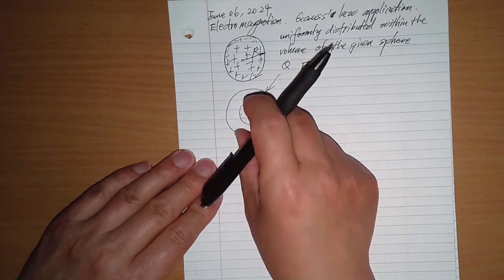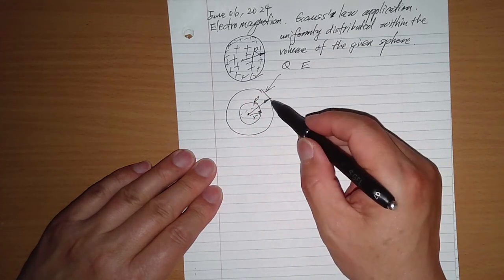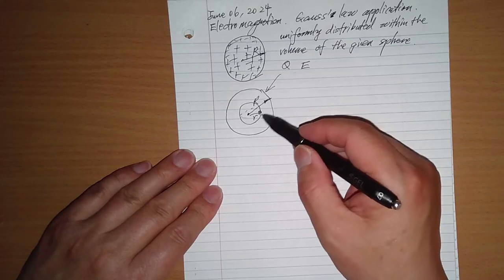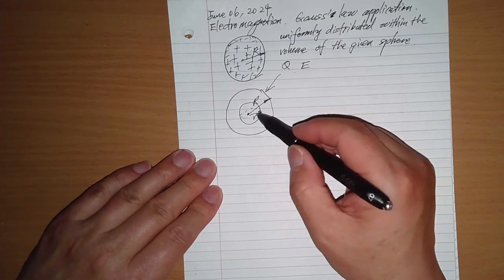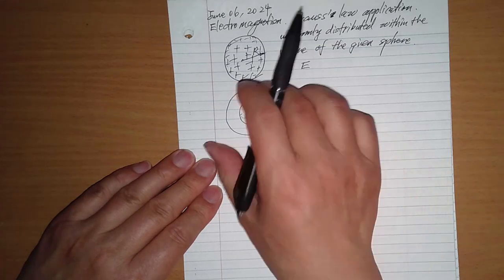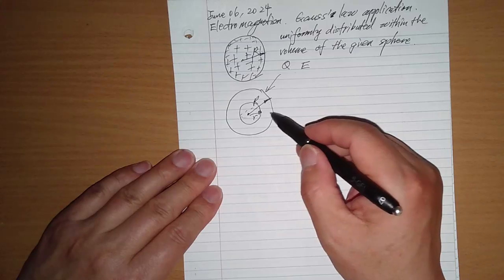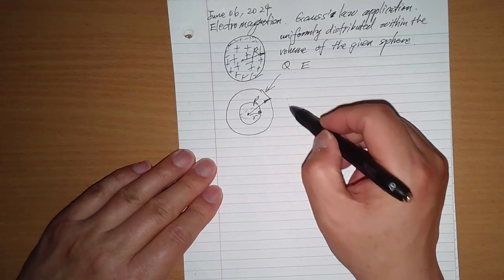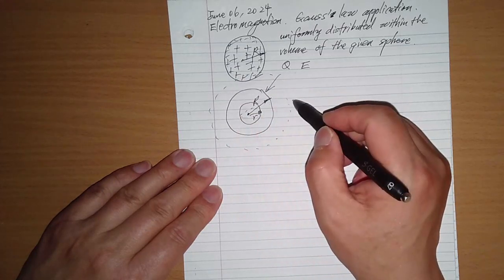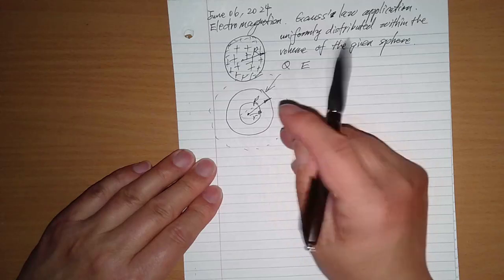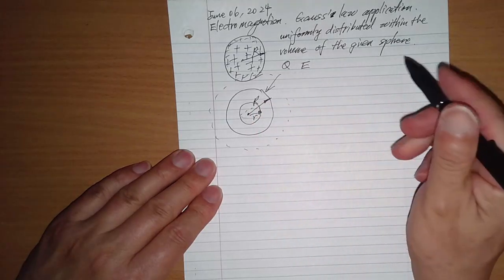And then we keep increasing r until little r is equal to big R, which is this sphere right here. And then we continue increasing. So we're also talking about a case where the Gaussian surface encloses the given sphere.